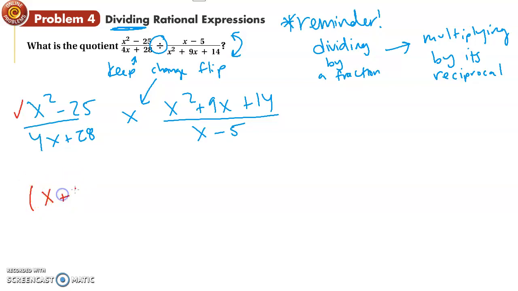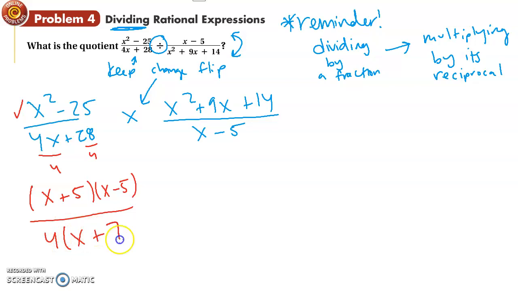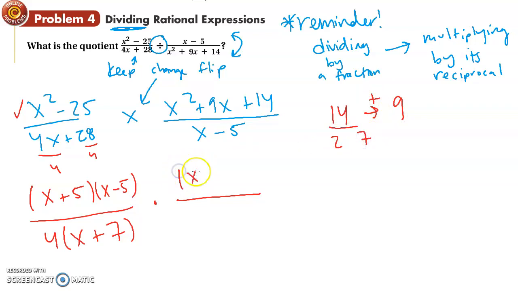So this would be x plus 5, x minus 5 over, this would have a GCF of 4. So 4x plus 7 times, and then this would factor out as regular factors of 14 that add to 9, would be 2 and 7. So x plus 2, x plus 7, and x minus 5 can't go any lower.